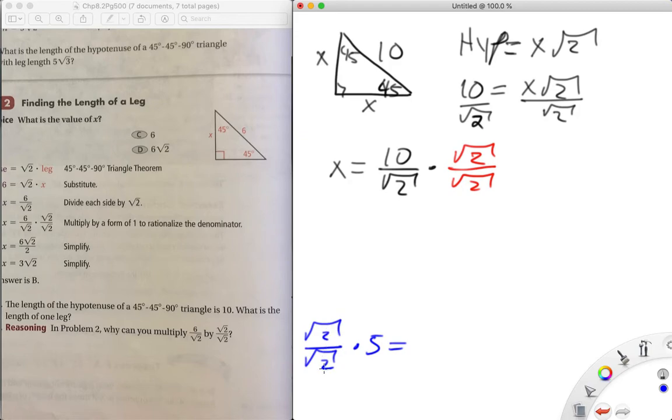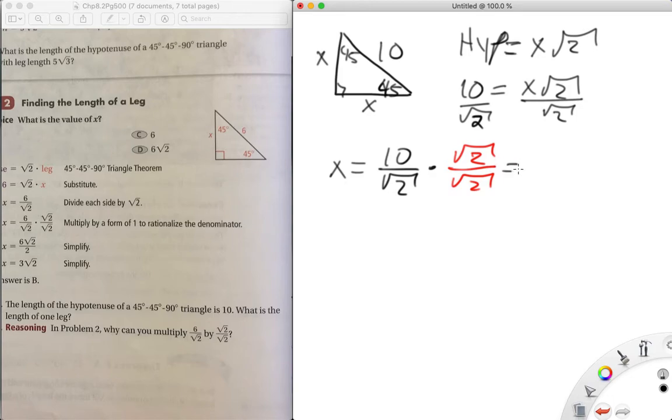If I simplify root 2 over root 2, that's really 1 times 5, and it equals 5. So I don't really change the numerical value of 5, I just renamed it, basically. So I'm renaming 10 over the square root of 2 by essentially multiplying it by 1. I don't change the numeric value, but I'm just renaming it so that I don't have a radical in the denominator. And that is totally legal.